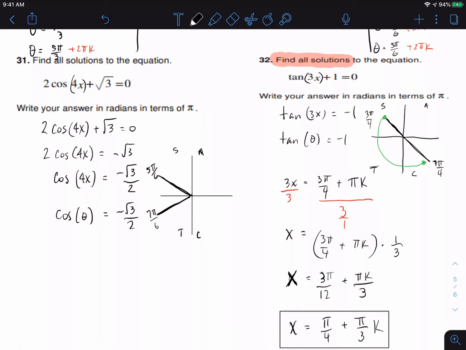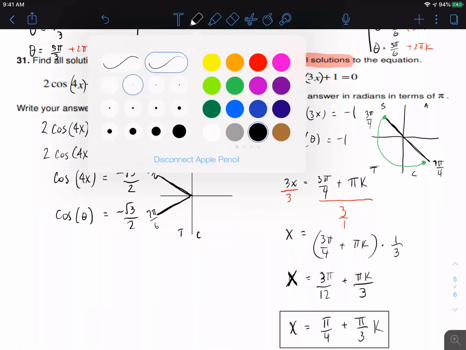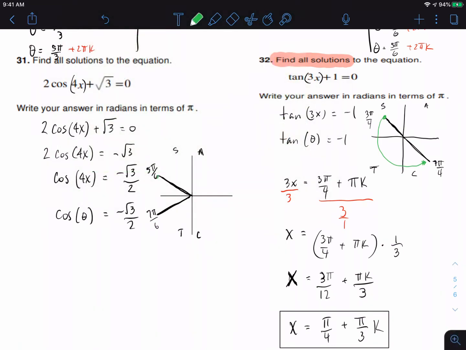It's not, right? Just to show you, if I was at this point, to get back to that point, I have to do a full circle to get back, right? So if I was going to add 2 pi every time, that would always get me to 5 pi over 6.